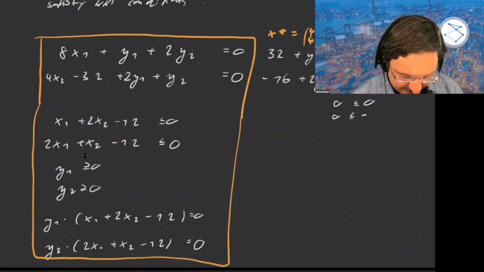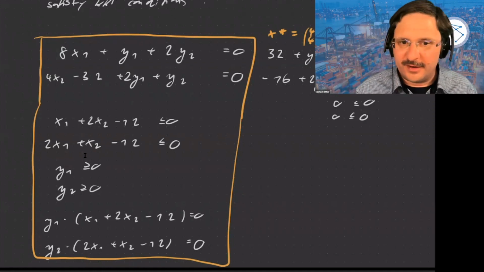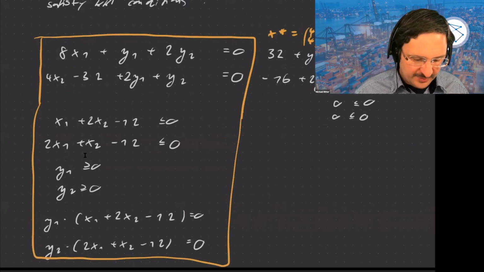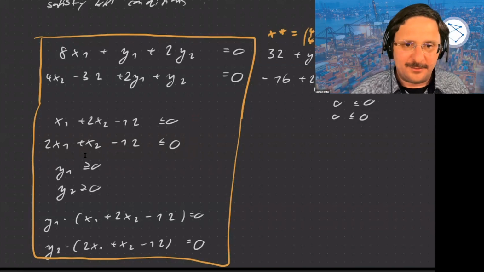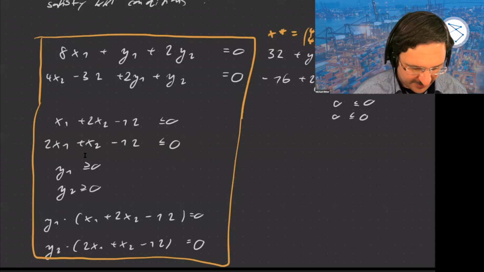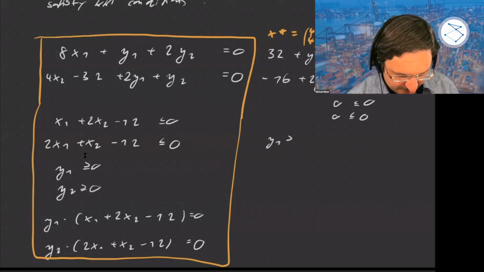So the point x star is feasible, and that's important. Even if you could find y1 and y2 that work, you have to check for feasibility. If the point x star is not feasible, obviously, it can't be an optimal solution to the problem. Don't forget about that, please. Then the y's need to be greater or equal to 0.